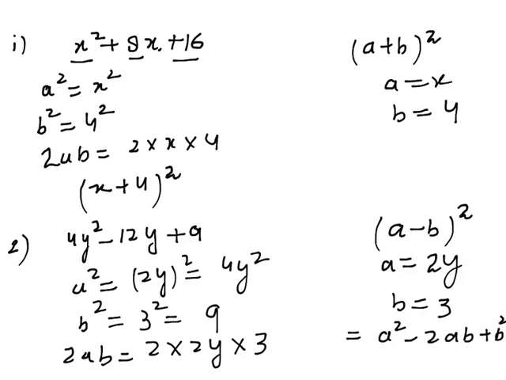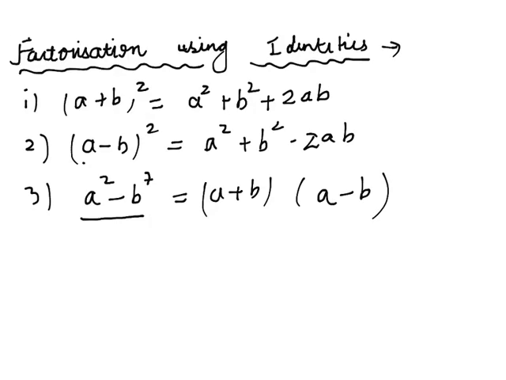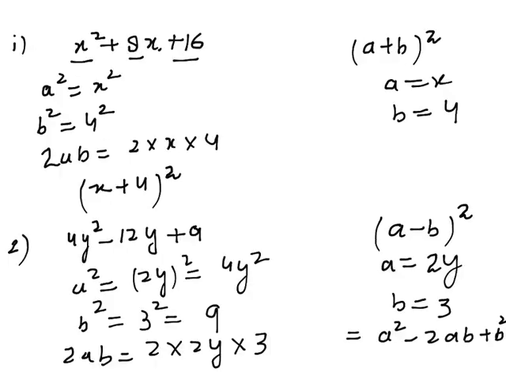We can see over here also that we are using a minus b whole square. So now we can replace it, and we will have 2y minus 3 whole square. So this is the required factorization of the expression.